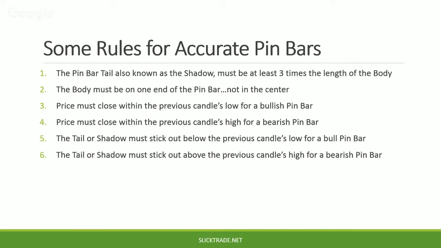And when I say 3 and 4, if you look at the previous daily candle, and I'll show you an example in just a minute, the price of the pin bar must close within that previous price. But like I said, I'll show you an example.